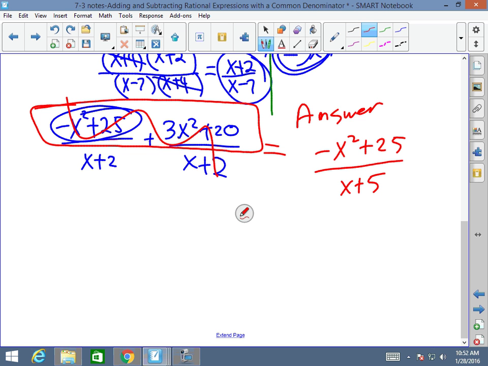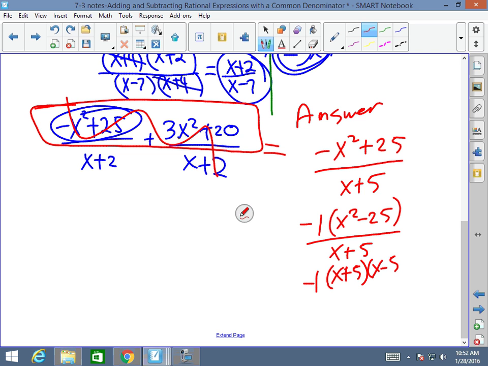Now I can factor out a negative 1 from the top, giving me x squared minus 25 over x plus 5. Now I can factor the top into x plus 5, x minus 5 over x plus 5. Now I can cancel out the x plus 5s, and my answer would be negative x minus 5.